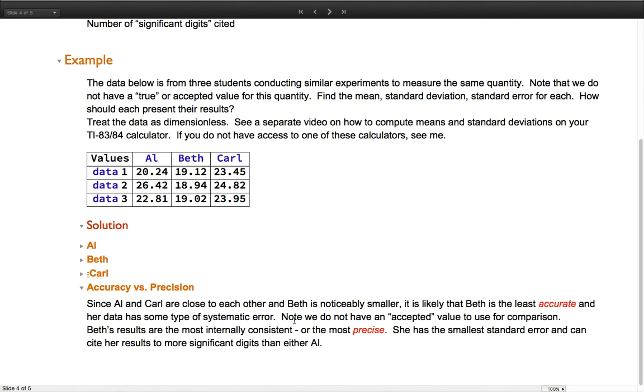And Beth is noticeably off. She's probably less accurate. She may have some sort of systematic error in her measurements. However, hers are certainly by far the most internally consistent, so she is certainly the most precise. So Al has a lot of random error in his measurement. Carl less so, and Beth much, much less. So Beth has the most precise measurement.